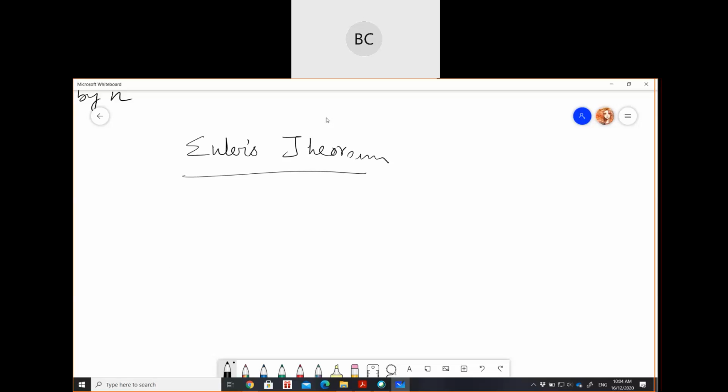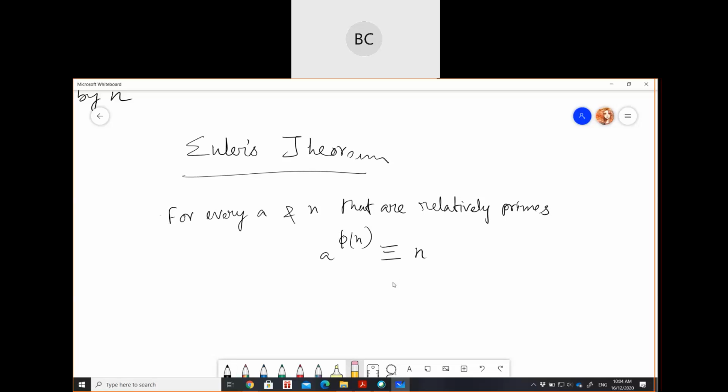The theorem is, if there are two numbers a and n, for every a and n that are relatively prime, or you can also say co-primes, then a to the phi of n is equal to, not equal, it's congruent to 1 mod n. Okay, this is your Euler's theorem.